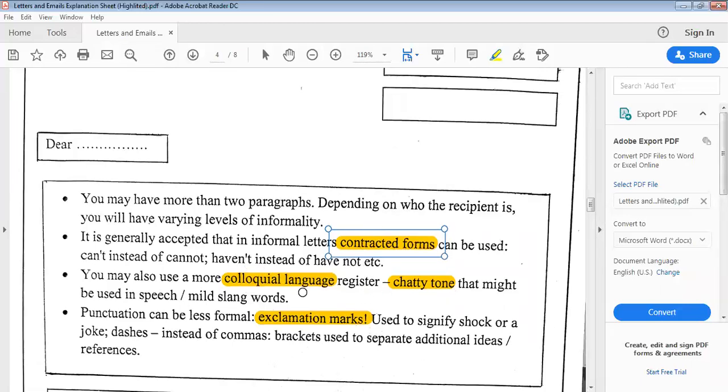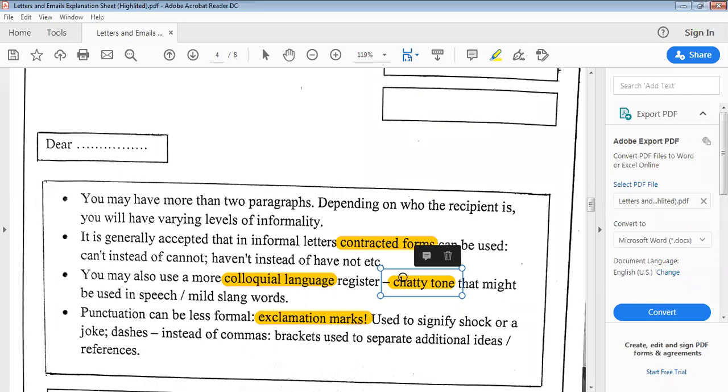You can also use colloquial language. Now, what does that mean? It means spoken words, like spooky, okay? Chatty tone. You don't have to use formal language here. If you're talking to your friend or you're talking to your brother or your sister, then of course you don't need to use formal language, okay?